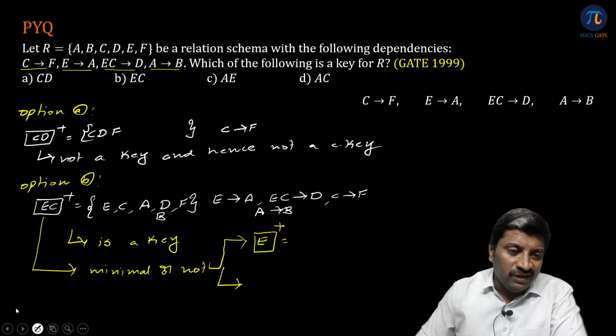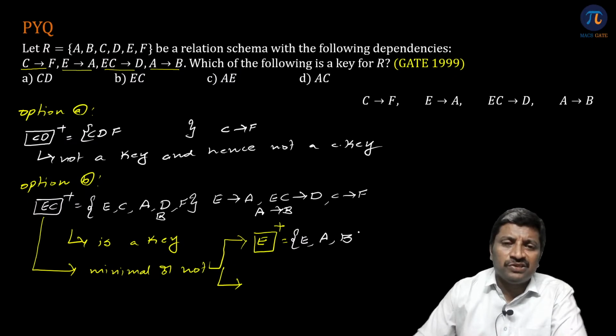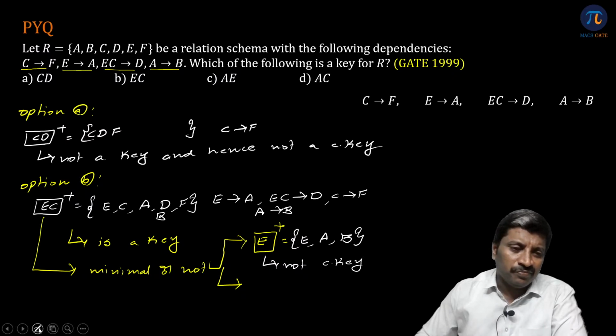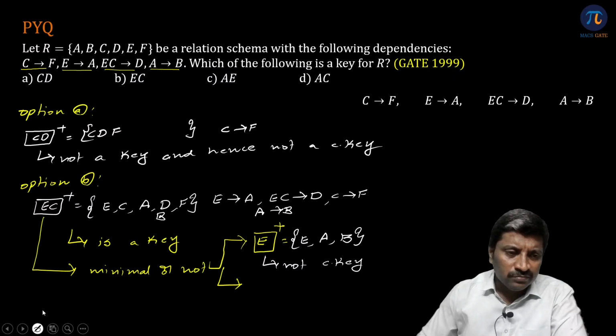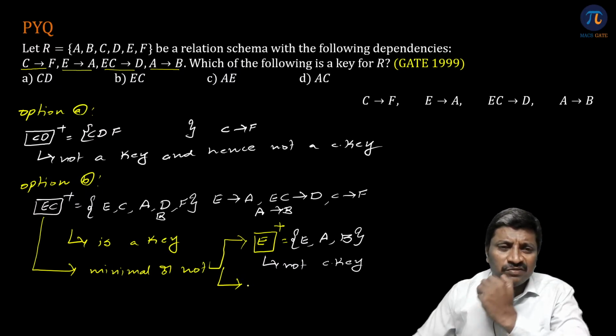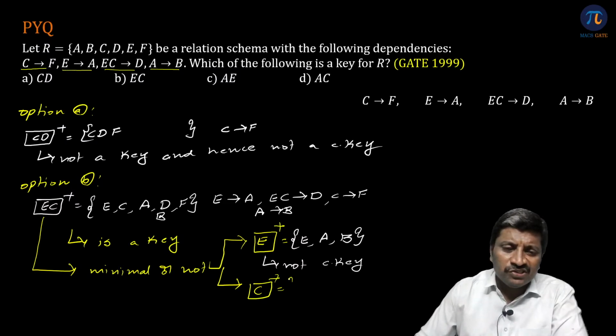What is the closure of E in this example? E, then A, then B. That's it. So this is not a key, so it cannot be a candidate key. What about the second one? What is the second one, sir? C, right? Yeah. So what is the closure of C?